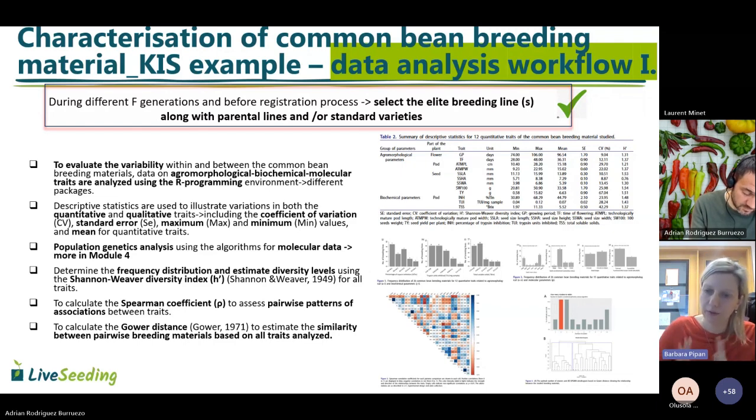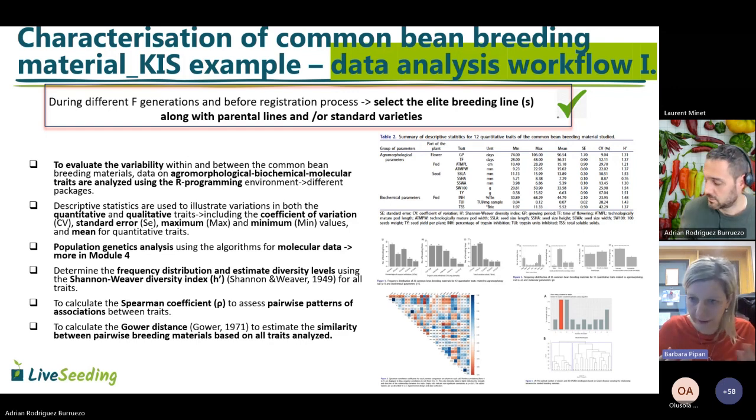So to put everything together, we now have a lot of data, and we have to decide which one is the best, or which three are the best. Maybe we would like to do some additional tests, additional open field performance to see the behavior and to do the final comparison with the standard varieties, and maybe they are not very distinctive from each other, or for some reason we have to decide which one is the best.